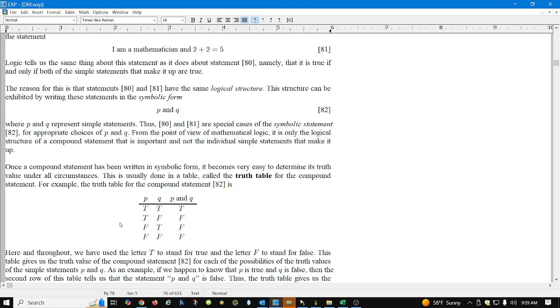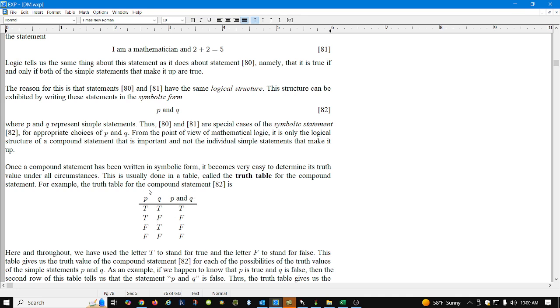Once we have a compound statement written in symbolic form, once we've replaced all the simple statements by statement variables, I'm not sure I use that term in the book, but they are often called statement variables, it becomes easy to determine the truth value of that symbolic statement based on the truth value of the statement variables.